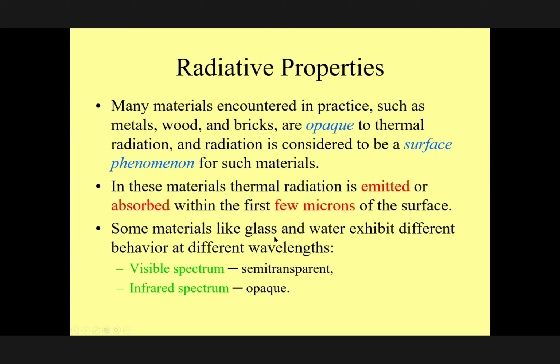Some materials like glass and water exhibit different behavior. We call it visible and infrared. Therefore, a portion of the energy can pass through, and a portion can be opaque, okay? Therefore, when we are dealing with different materials, we have to find out exactly what the characteristics are. When we are talking about a solid, it's only about a few micrometers at the surface, and the rest will not penetrate.